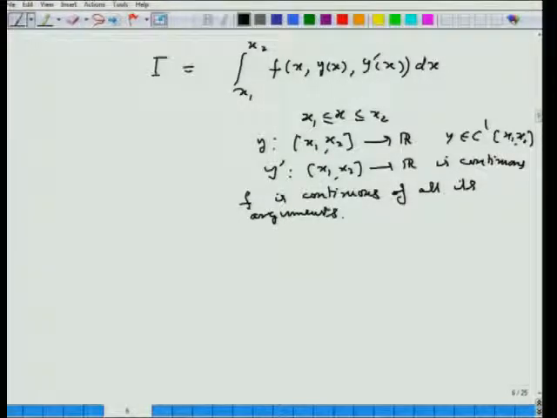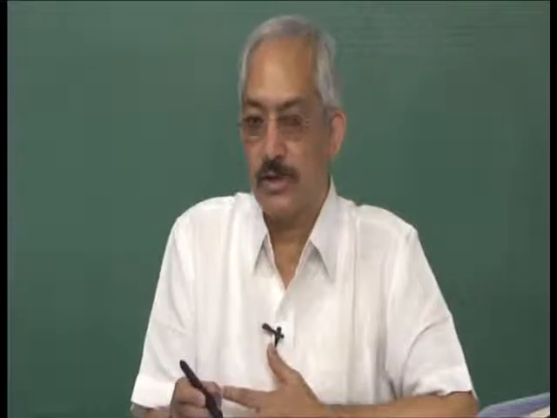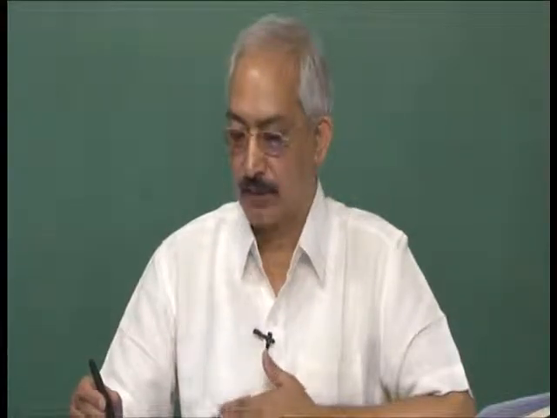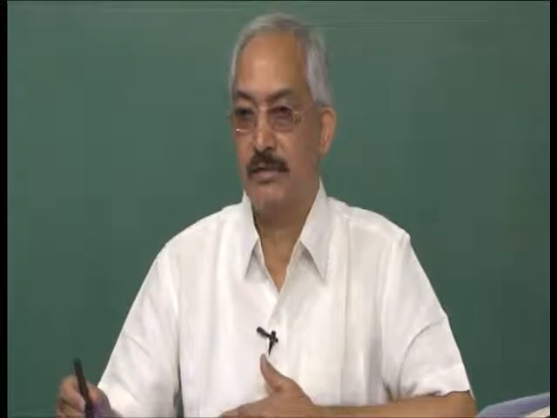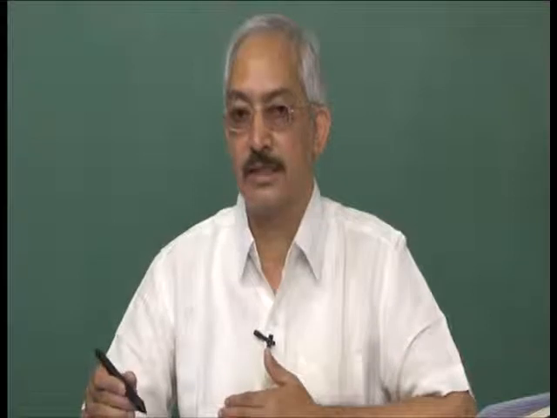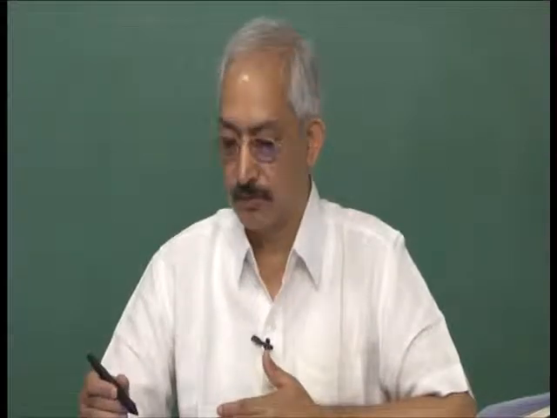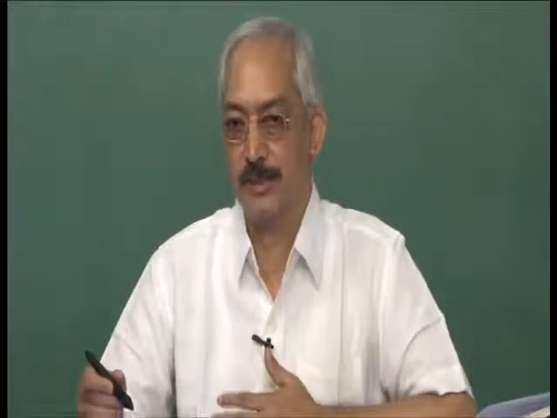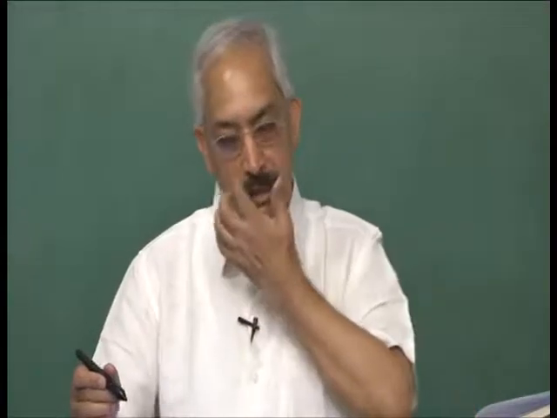So here the problem of calculus of variation is then to find a function y, so that its derivative is also continuous, and this value is minimum or maximum. We call such a thing the optimum value, and y we call the optimal curve, or extremal.